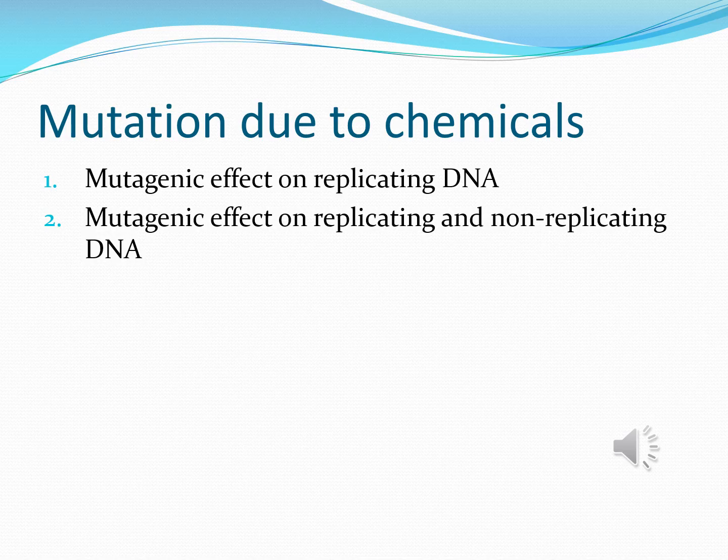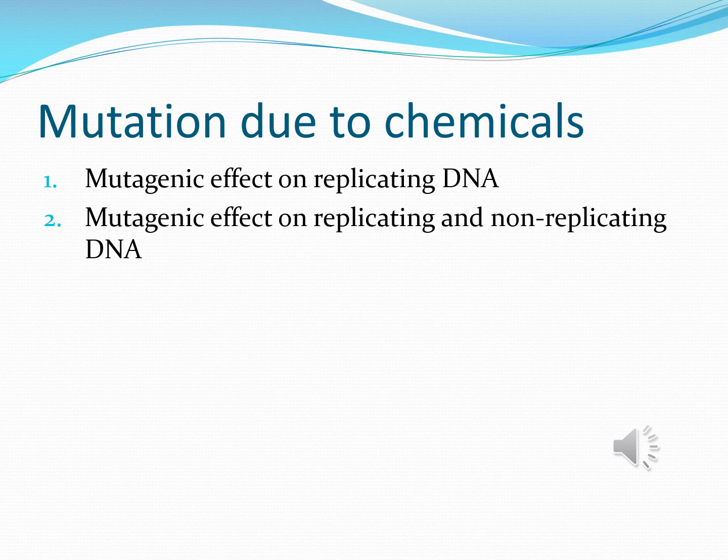Chemical mutagens can act on DNA in two temporal contexts. Some mutagens only affect replicating DNA. They are incorporated or cause errors only when the replication fork passes. Others damage both replicating and non-replicating DNA. They chemically modify bases regardless of replication status.